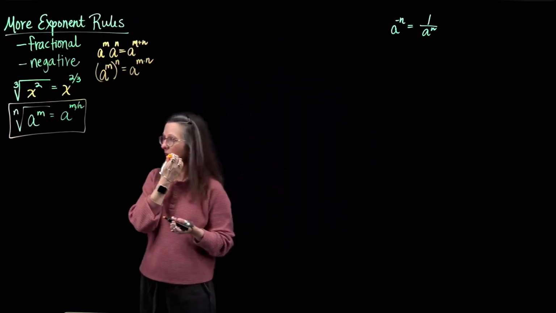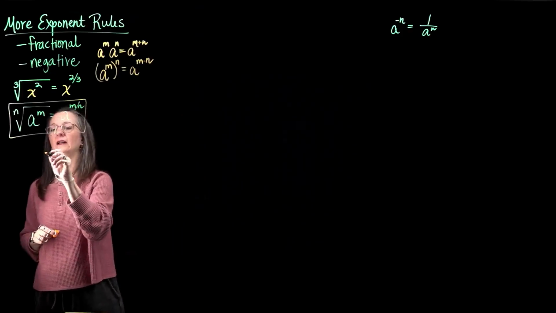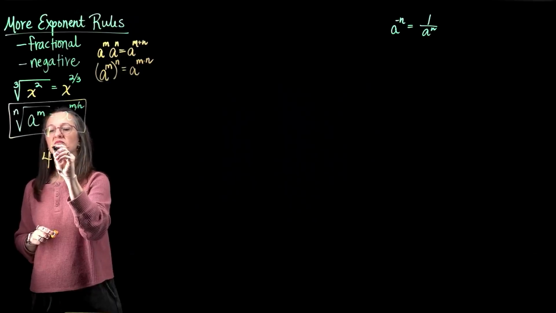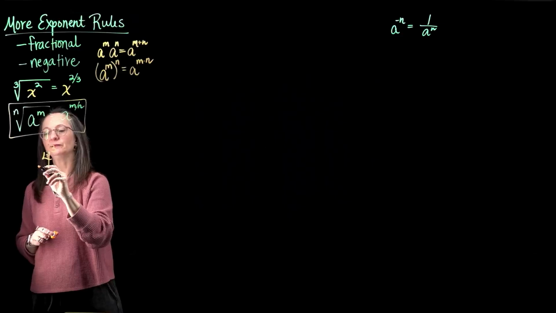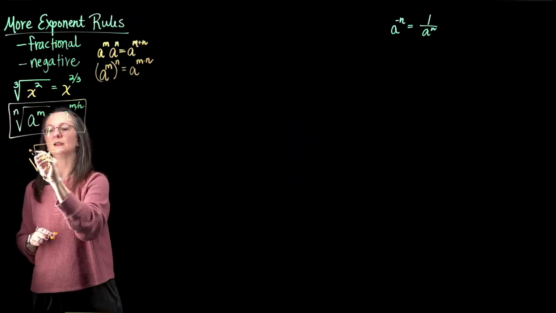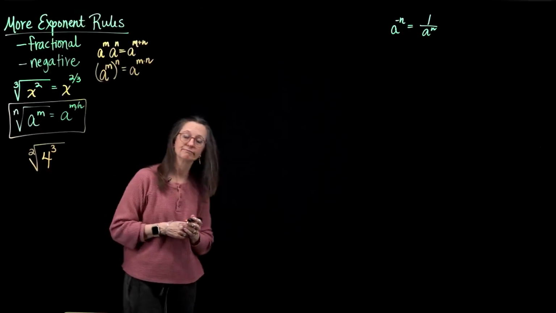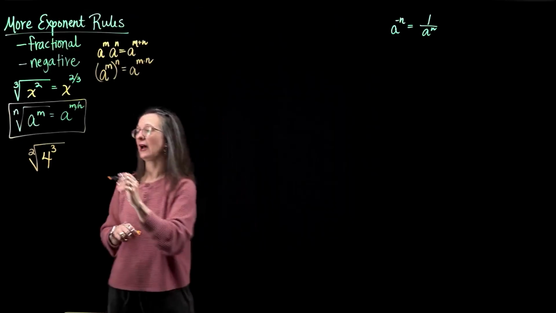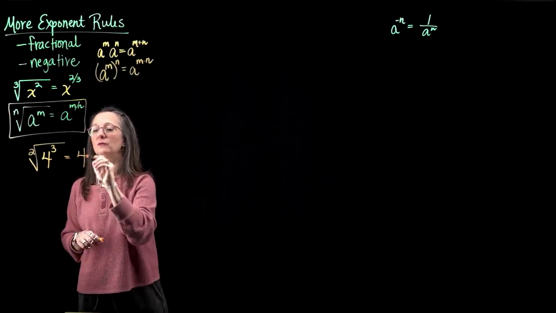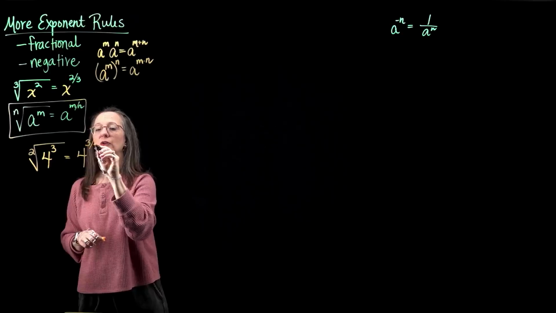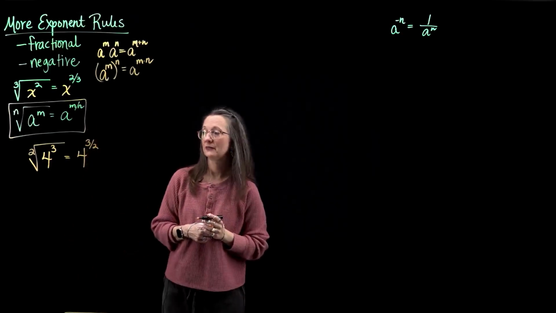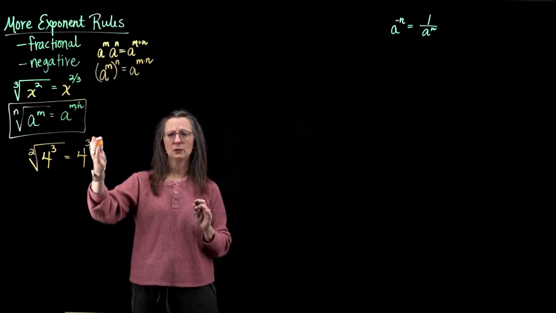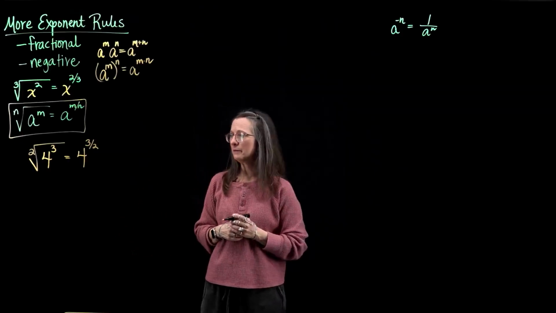Let's look at an example. If I had 4 to the 3rd power, and I'm going to take the square root of that, I could rewrite that as 4 to the 3 over 2 power. Now that looks a little weird, right? I've got a number to a fractional exponent.